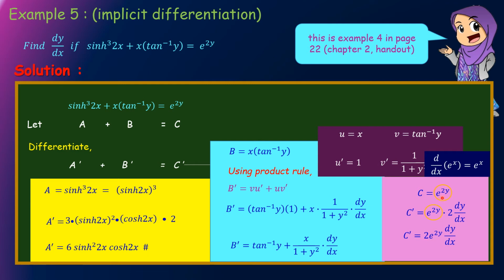Before that, how to differentiate e to 2y? From the formula, the derivative of e to x is e to x also. So when we differentiate e to 2y, the answer is also e to 2y. But after that, we need to differentiate 2y. So when we differentiate 2y, we still put 2 here and we differentiate y, which is dy over dx.